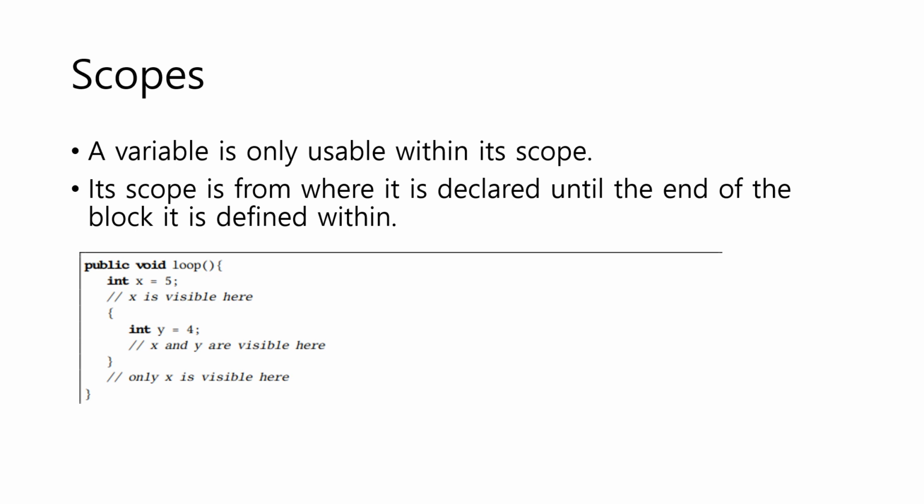So if I define y as int 4 here, I would not be able to use y outside of these braces. You should keep in mind, if a y is defined outside this block, then the y here and inside the code block will be different.